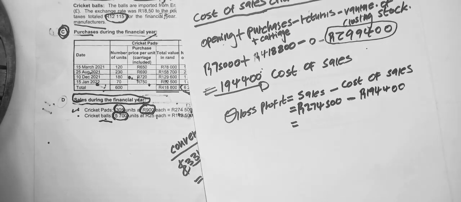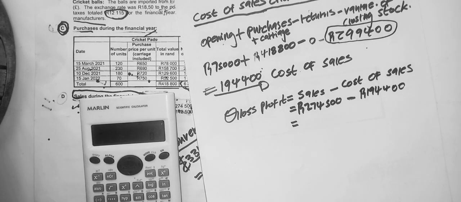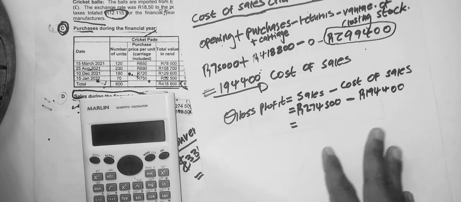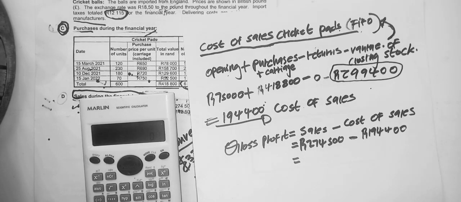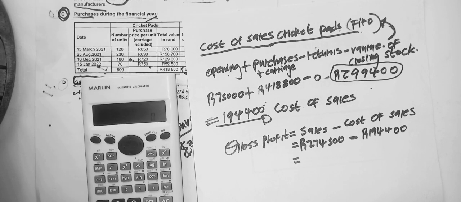These are free marks, guys. For those of you who think this is difficult, come on. Just keep on repeating these videos. This is where you are supposed to get free marks. Accounting is very easy to pass. When they give you these easy things, guys, come on. Just stick on it, stick on practicing more papers. You will see they keep on asking one and the same thing, especially on inventory valuation.